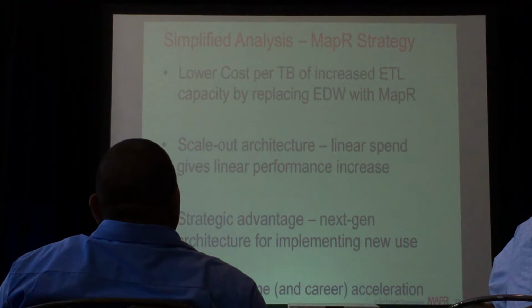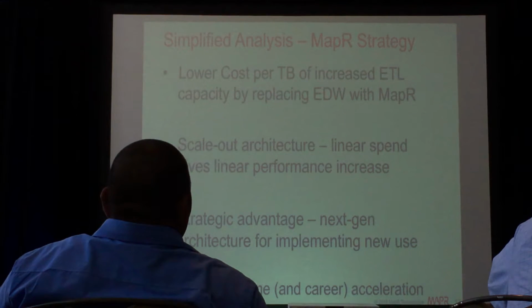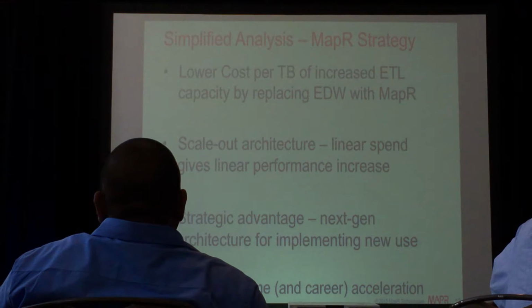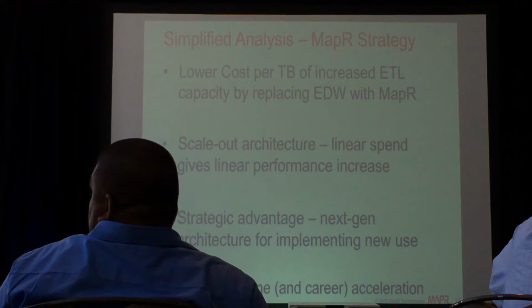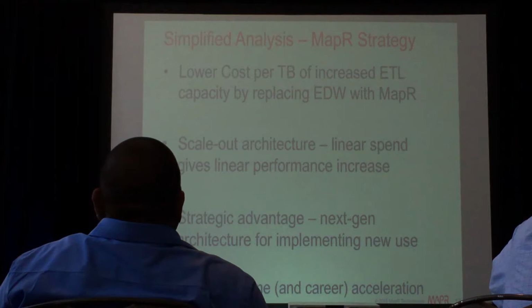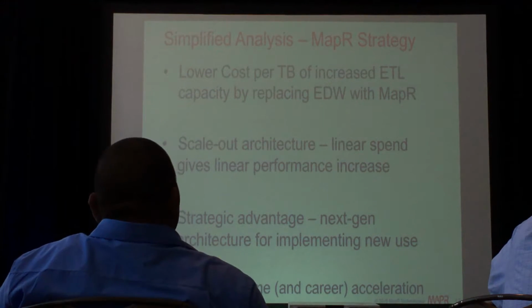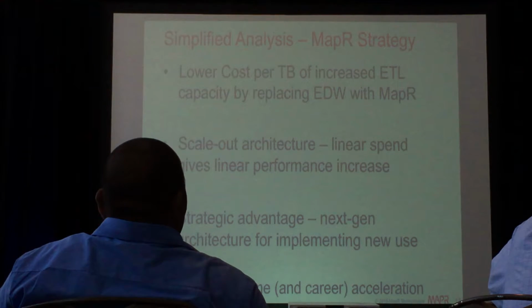So the simplified analysis of this is that, again, it's a lower cost per terabyte to use this commodity hardware to increase the operational capacity that you have, and so that's also more appropriate for the workload as well, because the reason that the EDW again is not scaling out is because it's not doing a join in a distributed manner, whereas specifically that's what Hadoop and Spark are particularly good at, is doing distributed sorts and distributed joins.